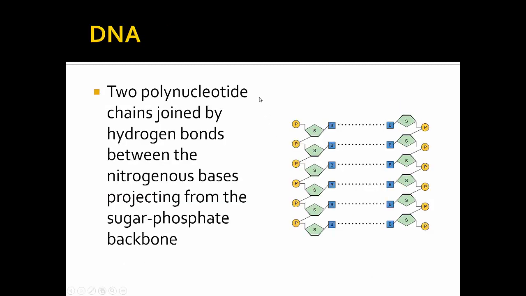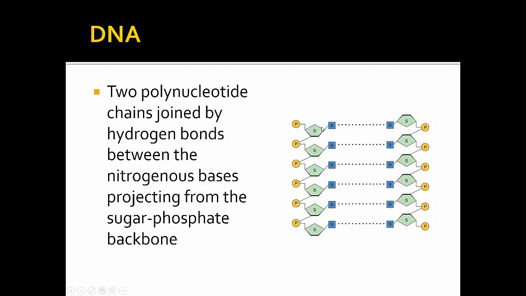DNA is two polynucleotide chains, so multiple nucleotides, that are joined by hydrogen bonds between the nitrogenous bases. Hydrogen bonds are the bonds that form weakly between polar molecules, and that's what's happening here.